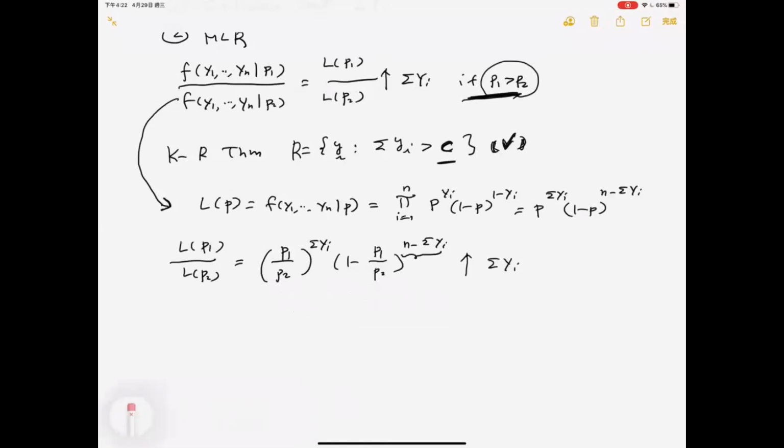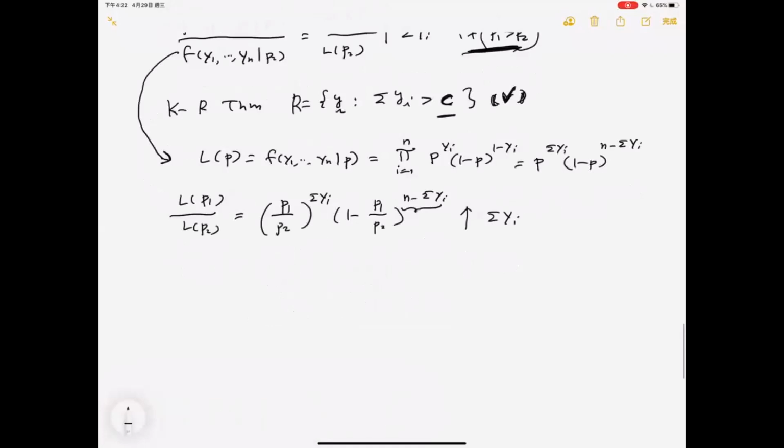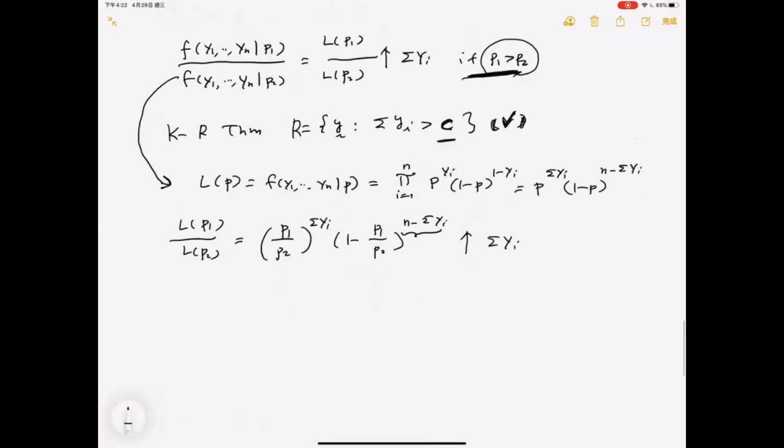So if that's the case, then summation y bigger than c is a critical region. Right now we are trying our best to find what c is, again using type 1 error: the supremum over theta in the null space of the probability of summation yi bigger than c.